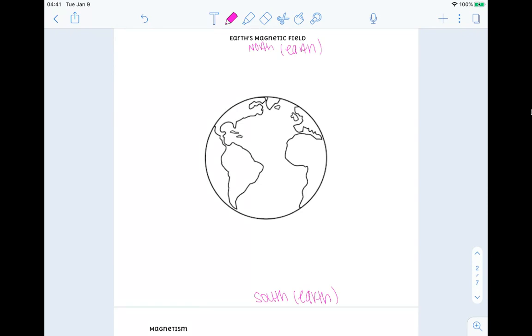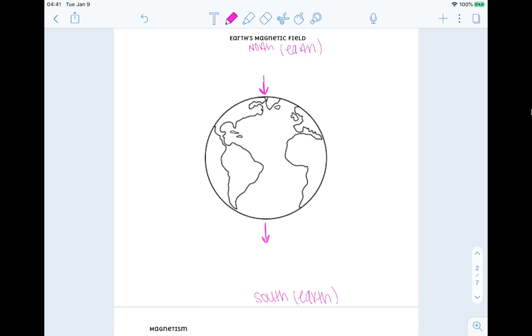But because we know that our compass always points north, if we're talking about the Earth here, it's always going to point into the North Pole and away from the South Pole. Well, then, if it's pointing into the north, that doesn't really line up with what we just said in terms of physics and the north and south pole of a magnet.